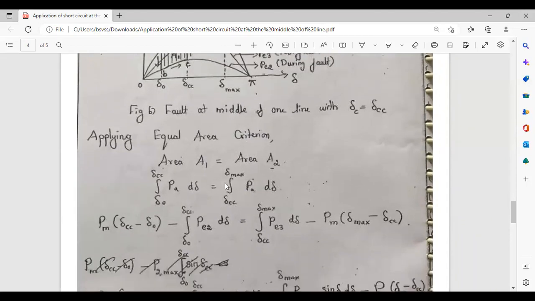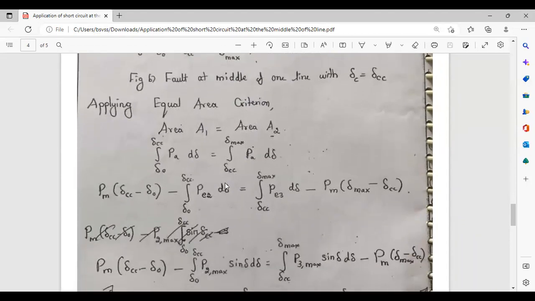So for these areas, we have to apply the formula to calculate the corresponding delta CC and TCC. To calculate the value of angle delta CC, we have to apply the condition A1 is equal to A2. So what is A1 and what is A2? A1 is the accelerating area and A2 is the decelerating area.